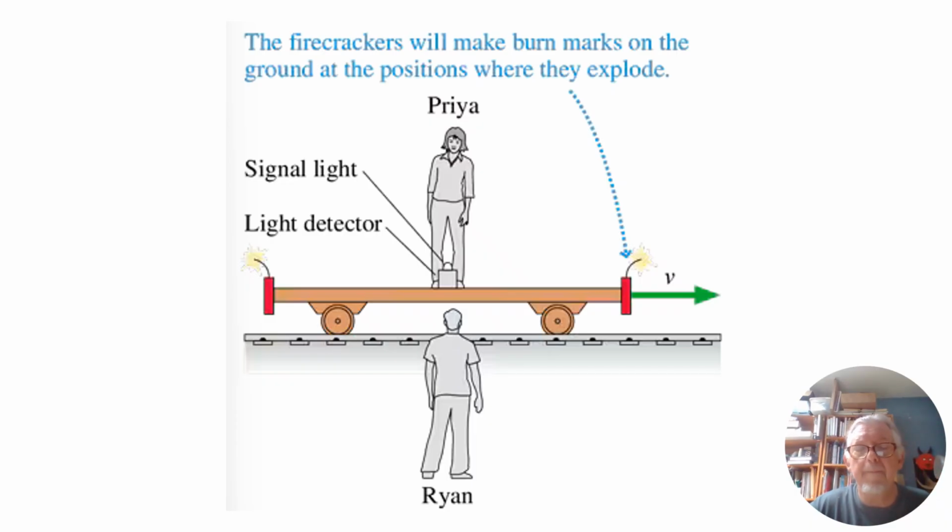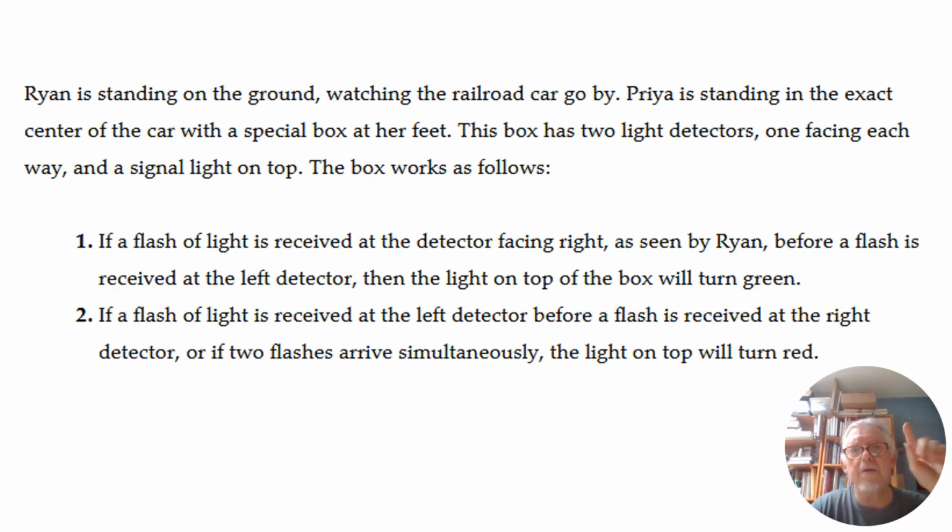And if the two light waves arrive simultaneously, it will also flash red. So here's a summary. Ryan is on the ground, the cart's going to the right, Priya is standing in the exact middle, the box has the two detectors: right first, green; left first, green; simultaneously, red. And that is our setup.